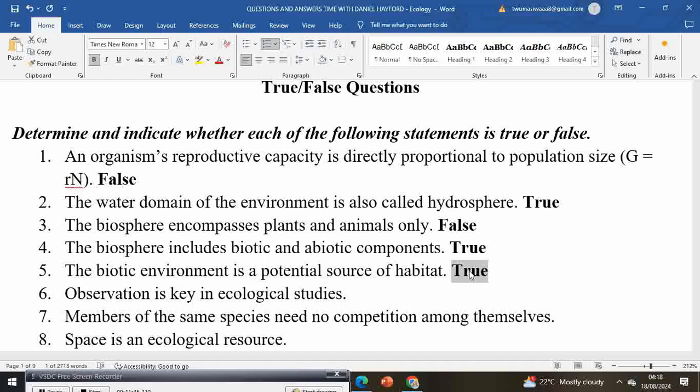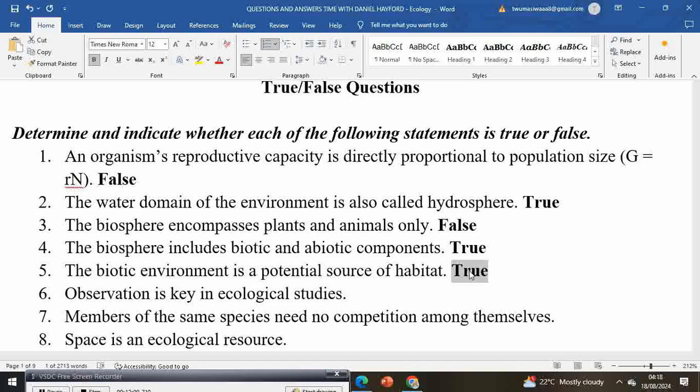And so we can have some other living organisms which adapt in such a way that they will be living inside us. Sometimes they may even cause harm to us. So the biotic environment is a potential source of habitat.